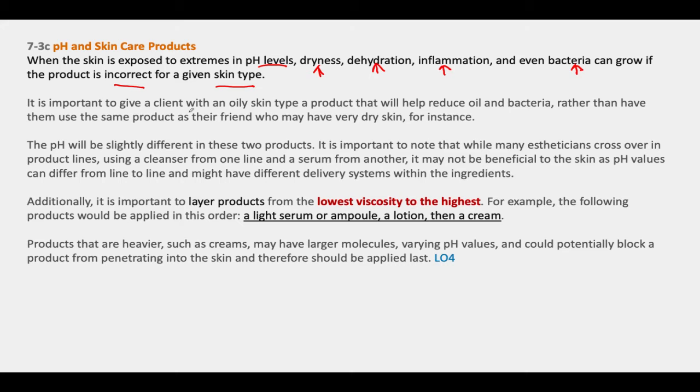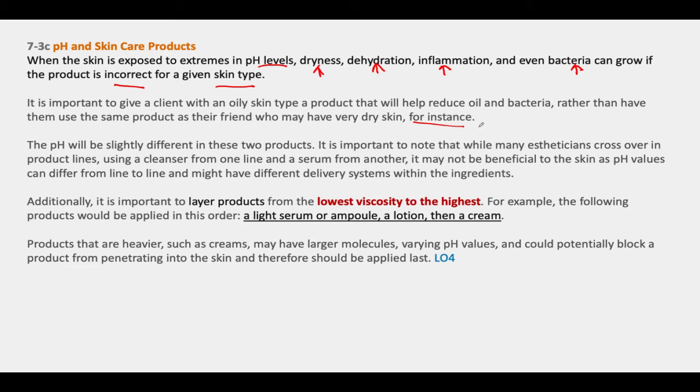It is important to give a client with an oily skin type a product that will help reduce oil and bacteria, rather than have them use the same product as their friend who may have very dry skin, for instance. So if something worked for one person, you have to be careful that it's not just going to work for somebody else.